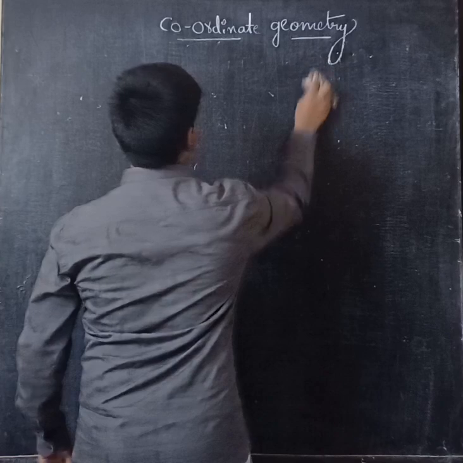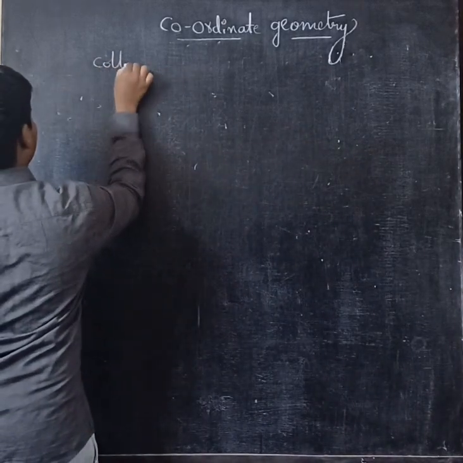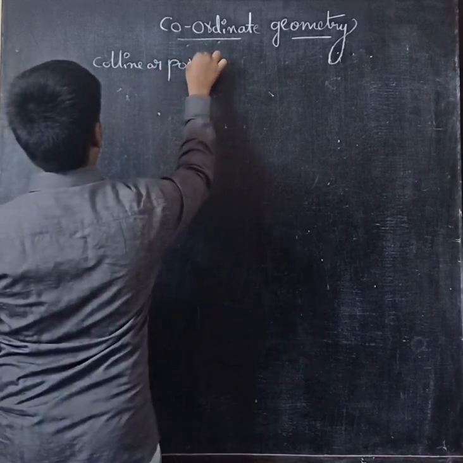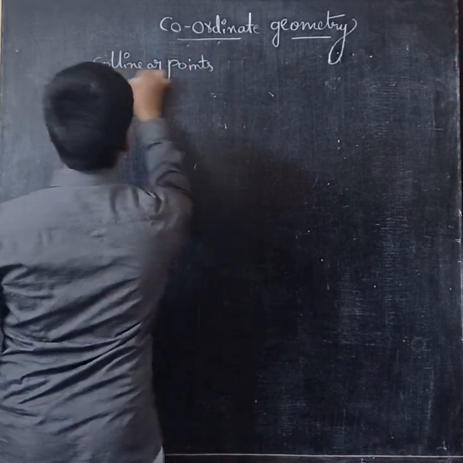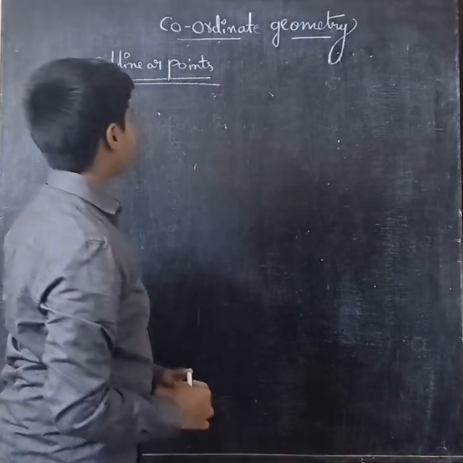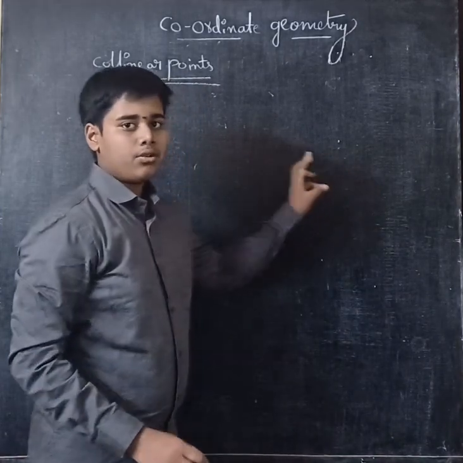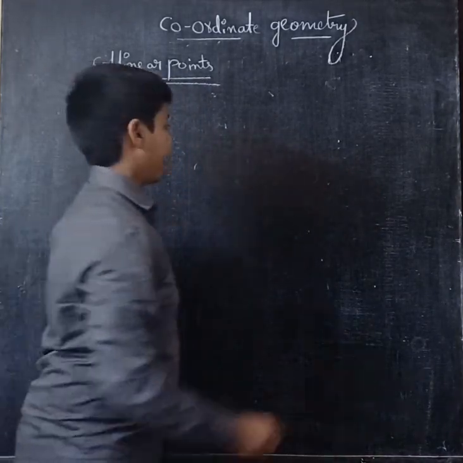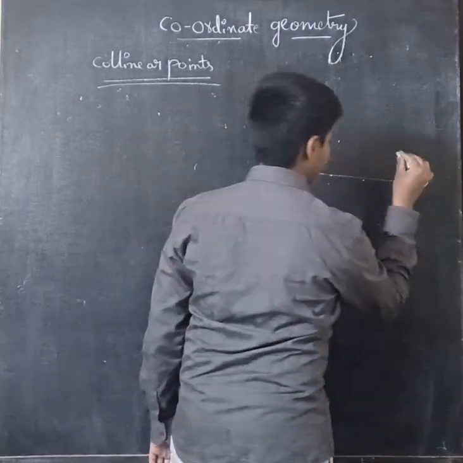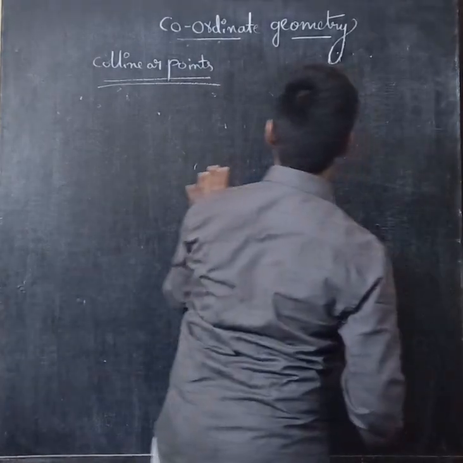And the next one, collinear points. Here collinear points means, according to plane geometry, if in a line 2 or 3 points are there, if they lie on the same line, those points are said to be collinear.